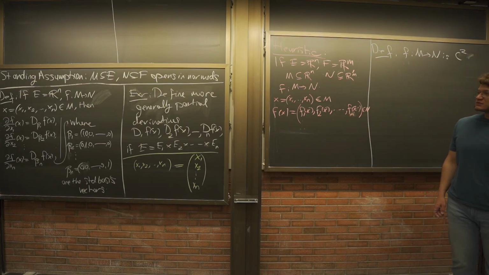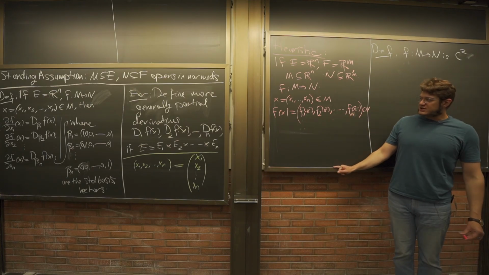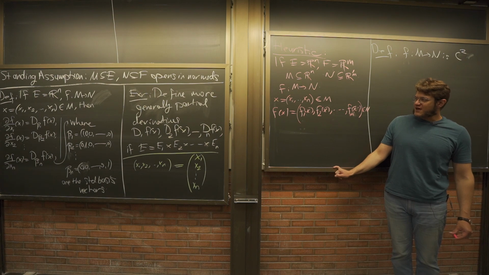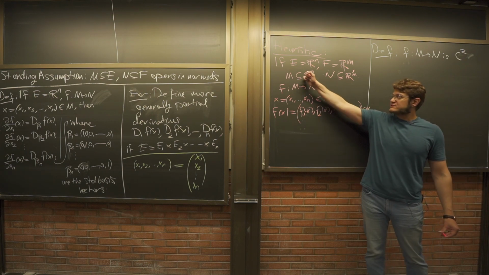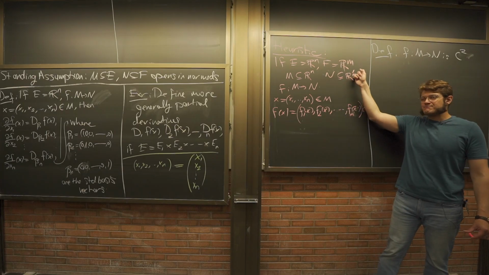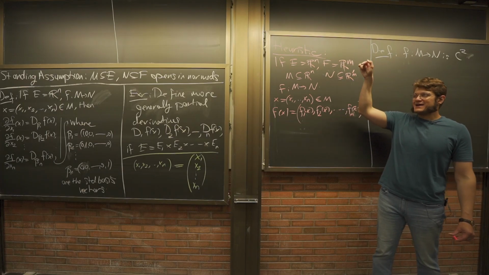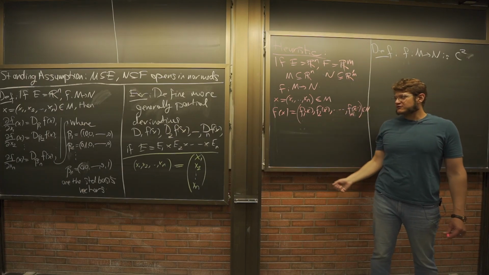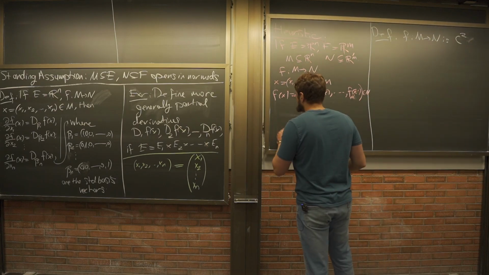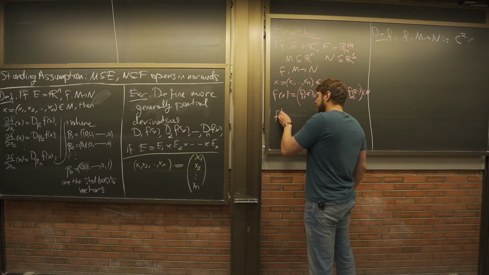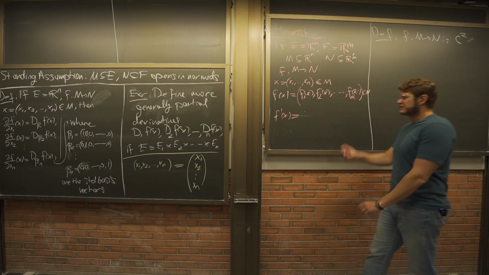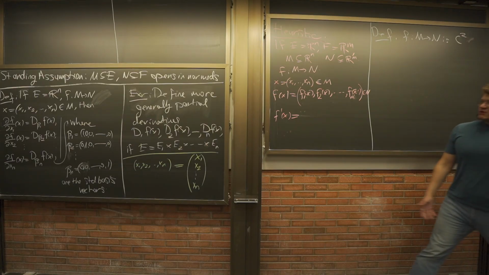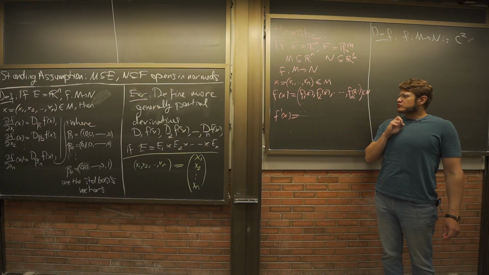Okay. Now, based on our definition, if the derivative of f at a point exists, it should be a linear transformation from Rn to Rm, which means that it should be an m by n matrix. And its entries are going to be, well, basically all the partials of all of these components.